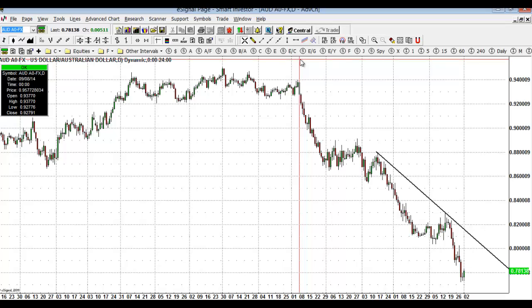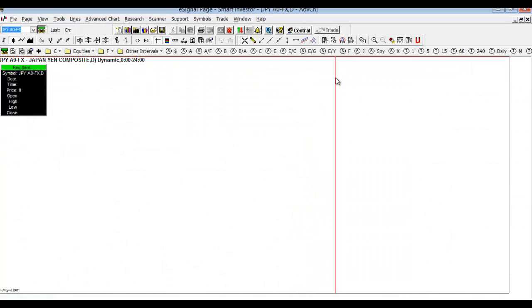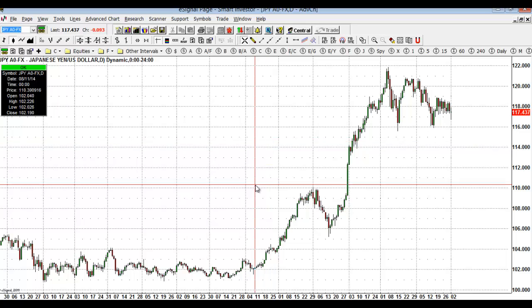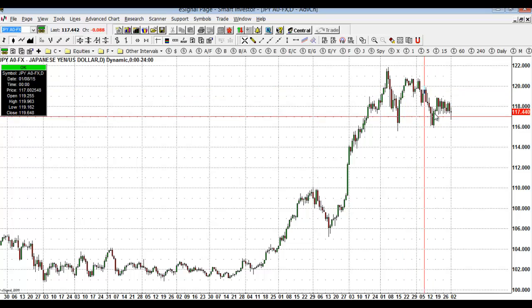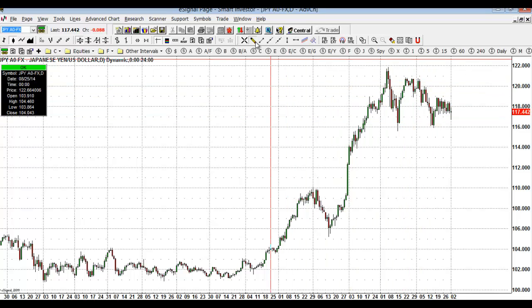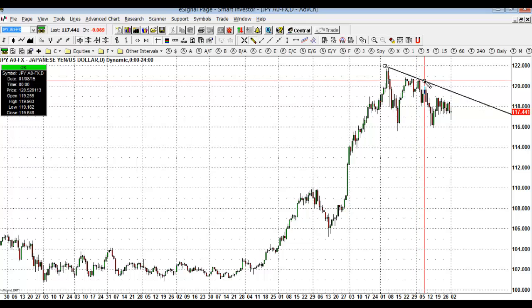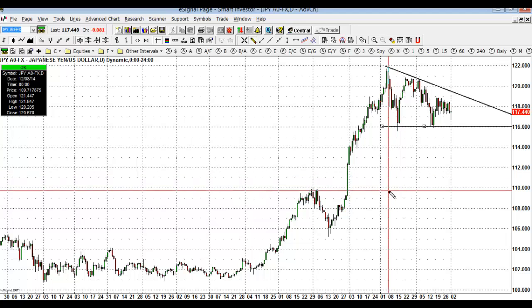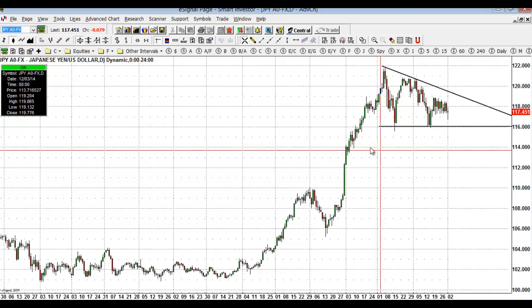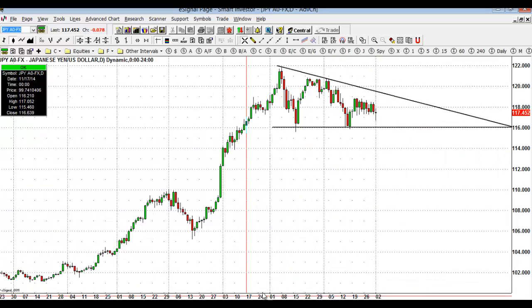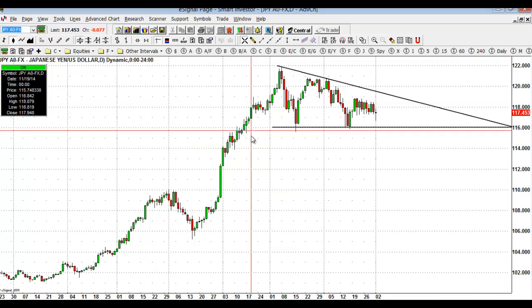Taking a look at the Japanese yen, we see that after a very strong move to the upside between July and December, although the euro was going down and the Australian dollar was moving downwards, the Japanese yen has remained fairly range bound, and that's what tends to happen with currencies: once they have a strong move up or down, you could get a period of consolidation.